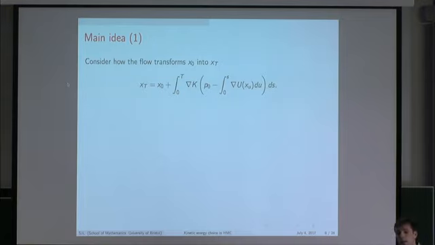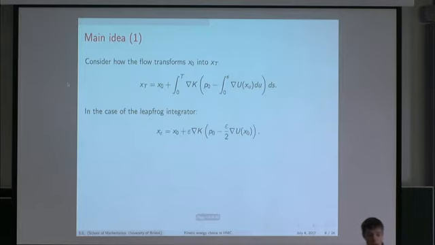And if I could integrate Hamilton's equations exactly, it would look a little bit like this. Of course, we can't do that in practice. We're going to need to use some kind of integrator. So if I explore the leapfrog integrator, which is what's typically used in HMC, after a single time step of the leapfrog integrator, your proposal as a function of the current point is going to look like this.